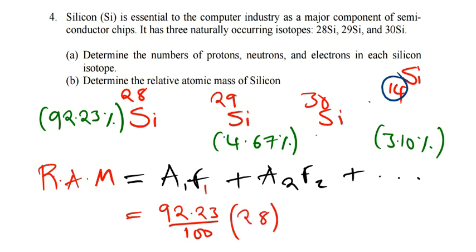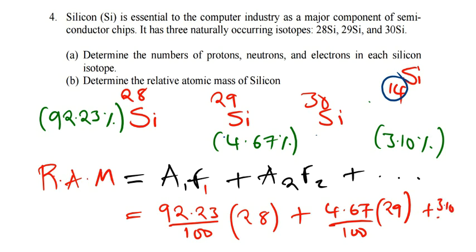That's what you just do, and then add the other one, 4.67%, multiplied by 29, and then add the last one as well, which is 30. So 3.10 over 100 times 30. Okay, that's all you need to do.